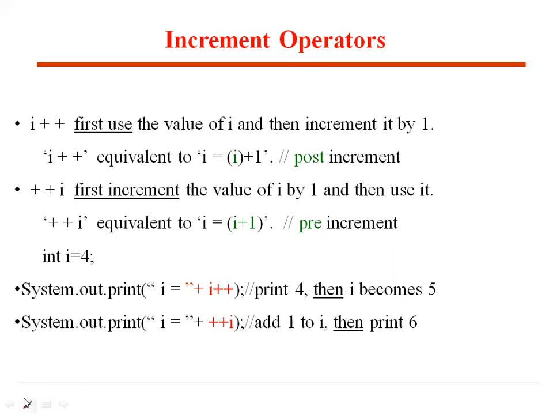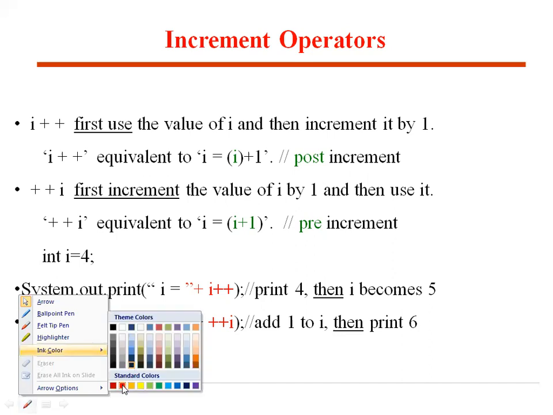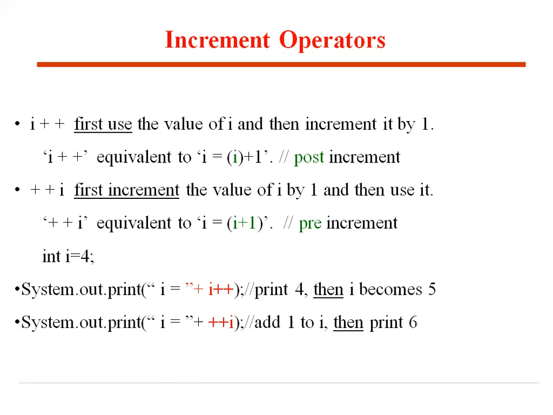If we consider the memory diagram of this, what is happening inside the memory is what we need to keep track of. If you want to know the variable's current value, always follow the memory diagram. It is better. When you say i = 4, the value 4 is stored in i.